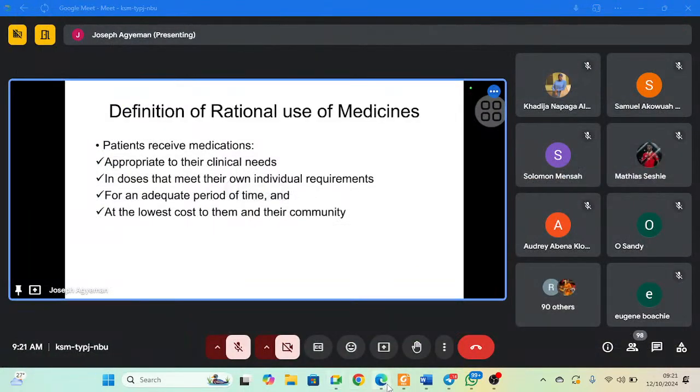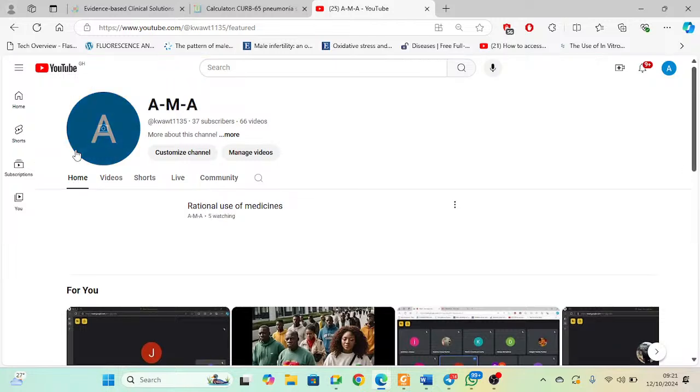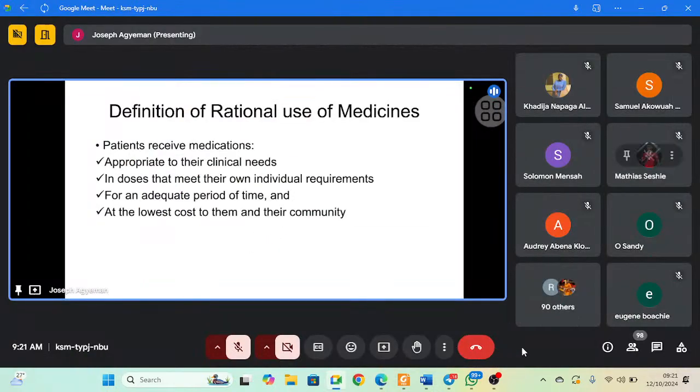All right. So the medication should be appropriate to the clinical needs of the person using it. For example, if you have malaria, then the drug that you are going to take should be able to cure the malaria. So it should be an anti-malaria, not an anti-cancer agent.